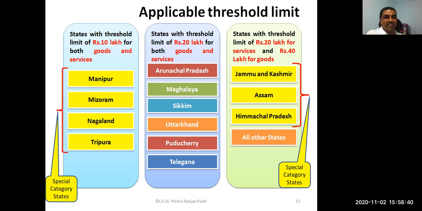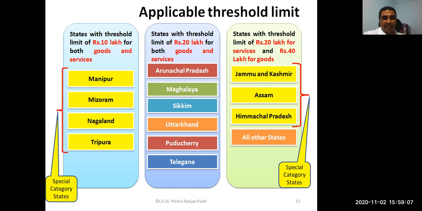Okay. And what is the limit for Telangana? Telangana is given here, so 20 lakhs for both goods and services. What is the threshold limit for Andhra Pradesh? Again it comes under all other states, so the threshold limit will be rupees 20 lakhs for services and rupees 40 lakhs for goods.